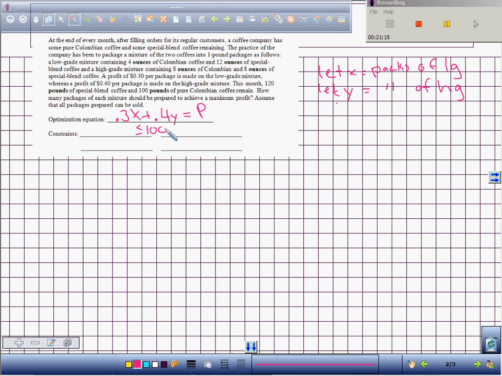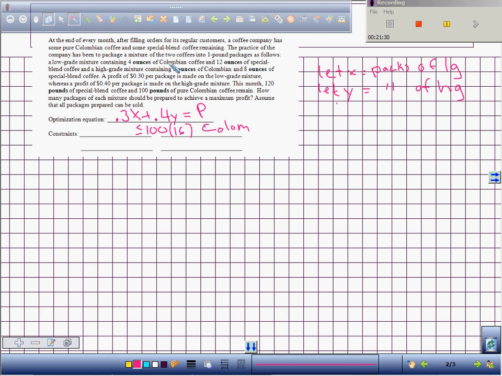pounds of Colombian coffee times, I'm going to multiply this by 16. And the reason I'm doing that is because all these things are in ounces, and I want to stay in ounces. So this is for my Colombian coffee. I have one set of restraints. That's 100 times 16.